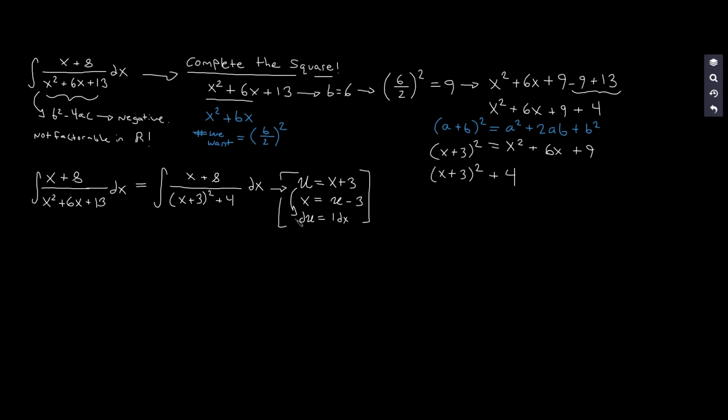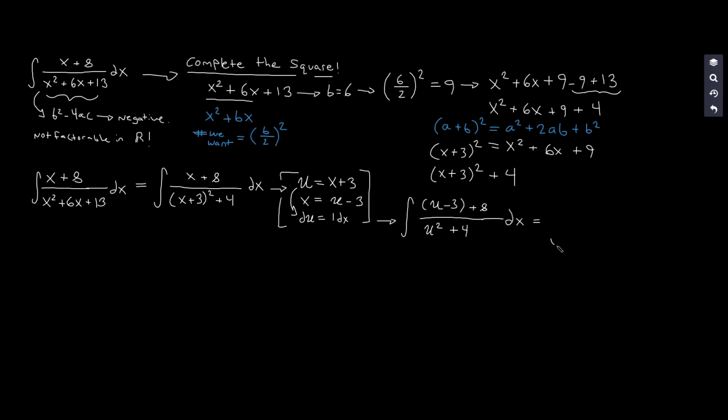So then we could rewrite our integral, right? Now we've got in the denominator u squared plus 4. In the numerator, we solve for x, so that's going to be u minus 3, plus 8.